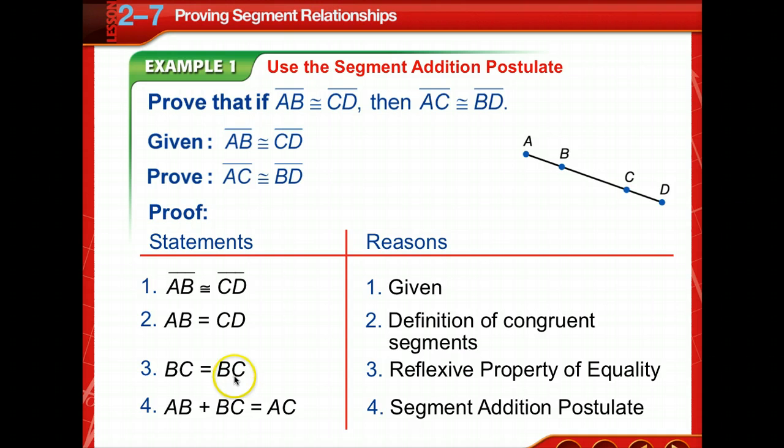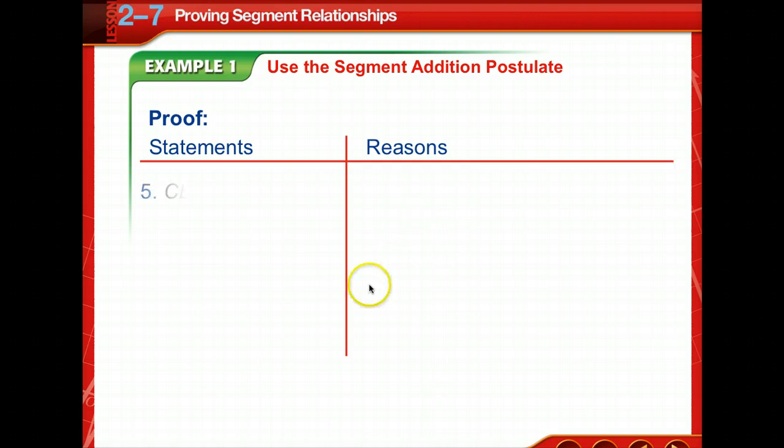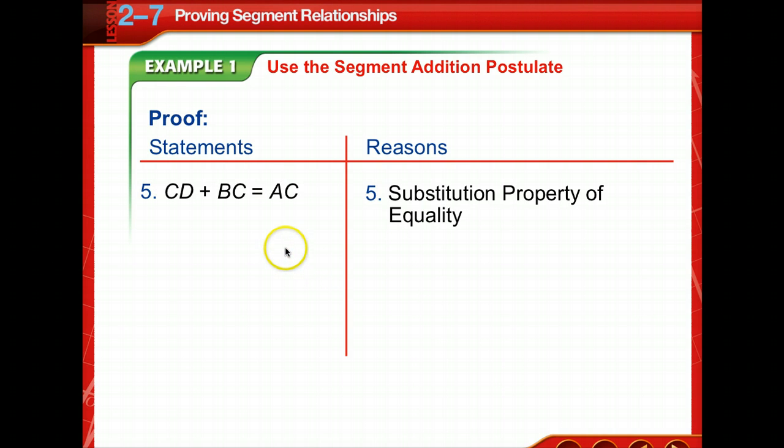So since BC is equal to BC, we can say that AB plus BC is equal to AC. Okay, AB plus BC is equal to AC, segment addition postulate. Now here's where it'd be good to have written down what you had before, because now we can say CD plus BC equals AC.